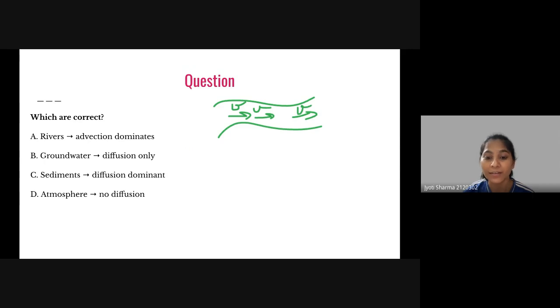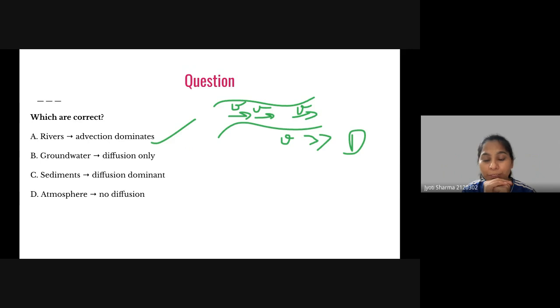So the transfer of mass due to velocity is always higher than the transfer of mass due to diffusion. What it means is that it doesn't matter what the value of diffusion is in the river, because most of the mass transfer is happening with the moving water, the water that has the velocity, because it will move the substance from one place to another. So A is the right one, because in the river, advection, due to the velocity, the mass transfer will happen. Diffusion is kind of negligible, we can neglect it.